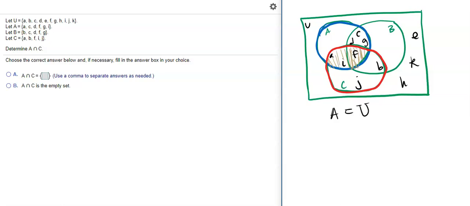And which elements are inside of this little football-y shape? Of course, it is A, and I'm going to write it here now. A intersects C is the set that just has the A, the lowercase I, and the F, like this one. And so that would be our answer here.